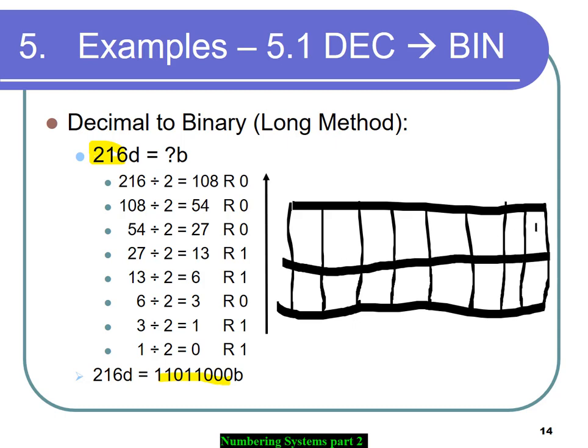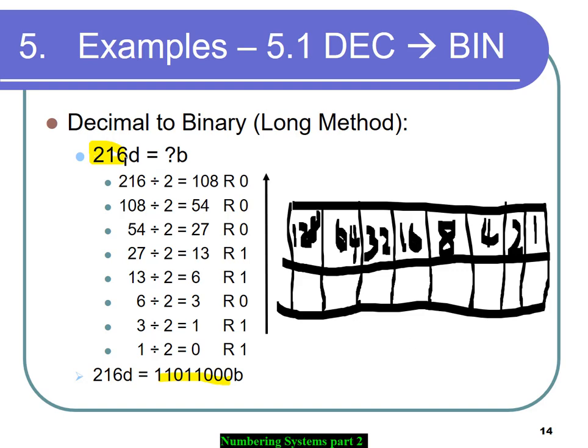So that would be 128, 64, 32, 16. That would be 8, 4, 2, 1. Right? That's your binary table.